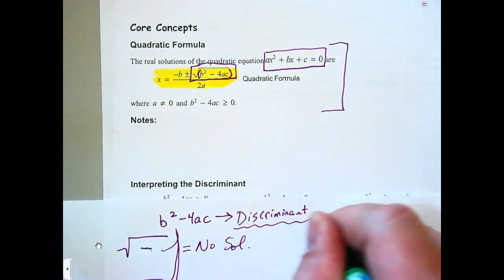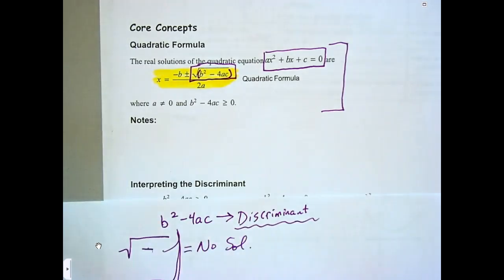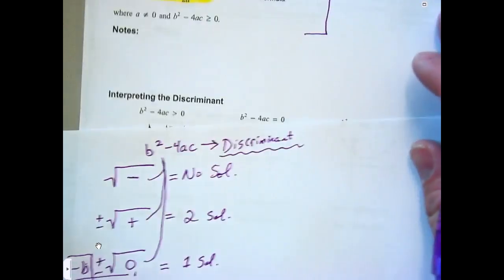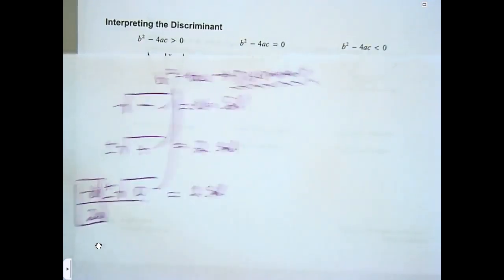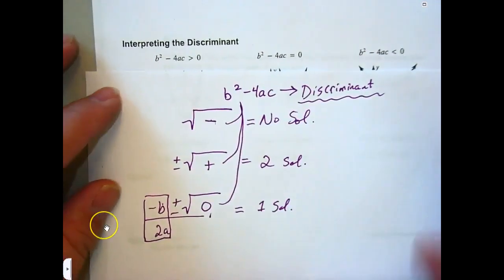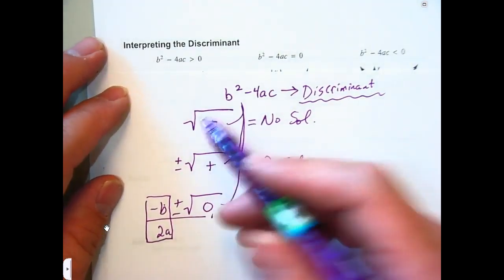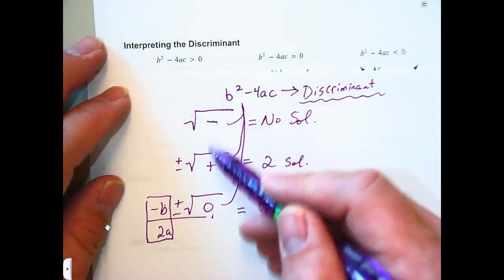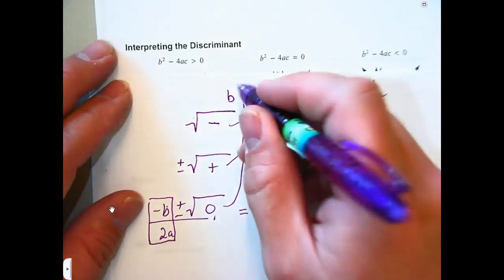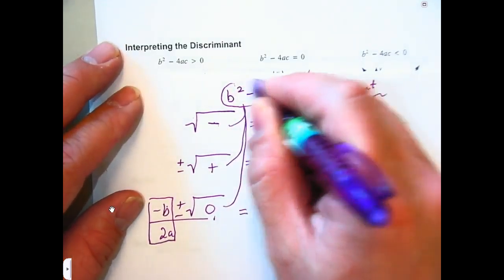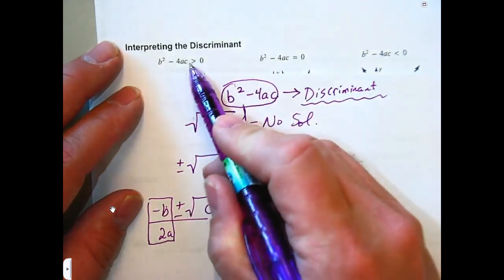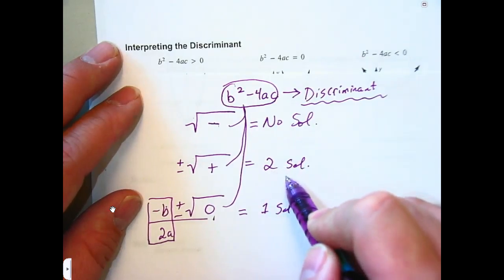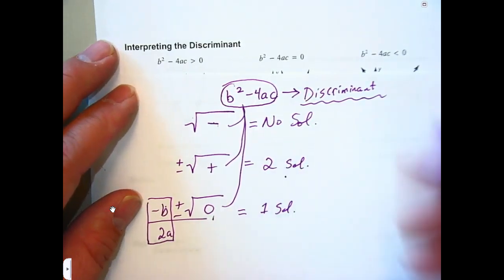I always think that I have one too many n's in there. The discriminant just helps you determine how many solutions there are. And please note that the square root symbol is not part of the discriminant. I was trying to make a point that you can't have a root of a negative. It's just this piece, the b squared minus 4ac. If that's bigger than 0, meaning it's a positive amount, it's two solutions.